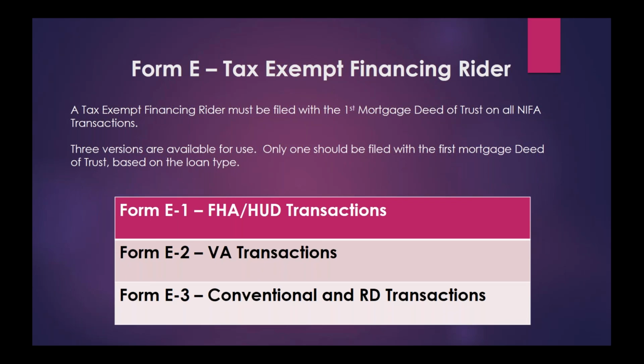Then we have Form E, which is the tax-exempt financing rider. This will be filed with the first mortgage deed of trust, and only one should be filed. So it depends which program your borrowers have chosen. Form E1 is if it's FHA, Form E2 for VA loans, and Form E3 if it's conventional or RD loan.